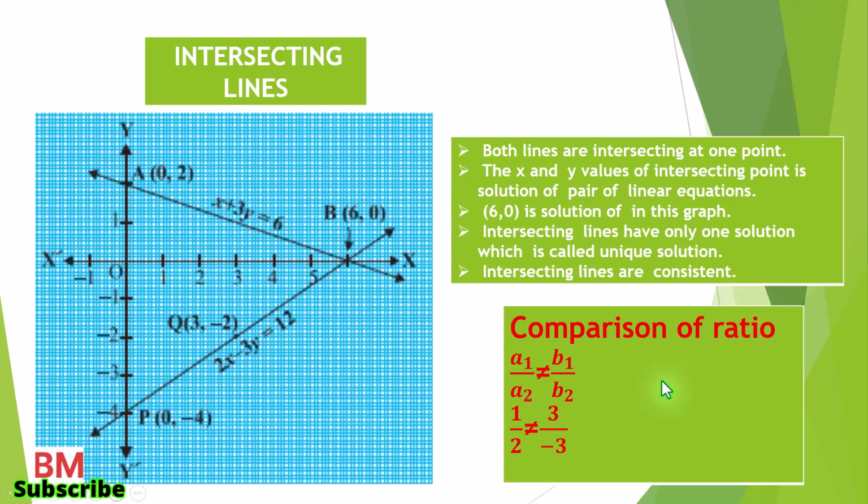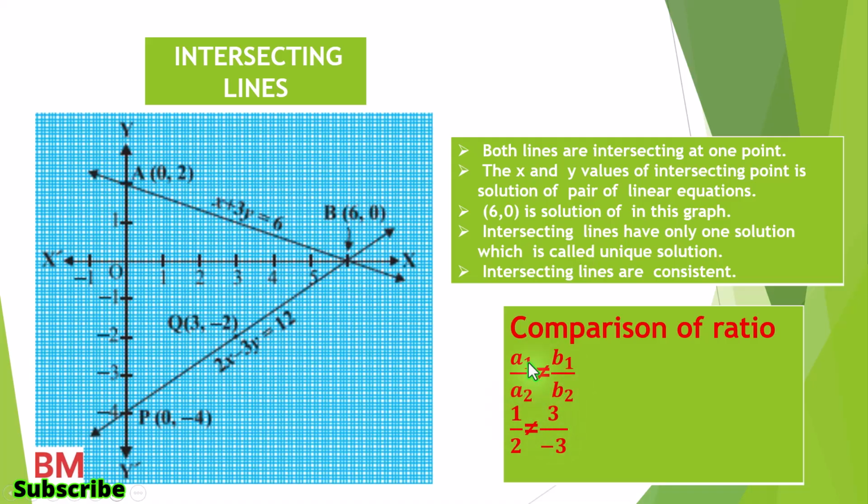The comparison of ratios. A is the coefficient of x in both equations. B is the coefficient of y in both equations. Here A1, the x coefficient, is 1, and in the second equation A2, the x coefficient, is 2, so that is 1 by 2. The condition is A1 upon A2 not equal to B1 upon B2.